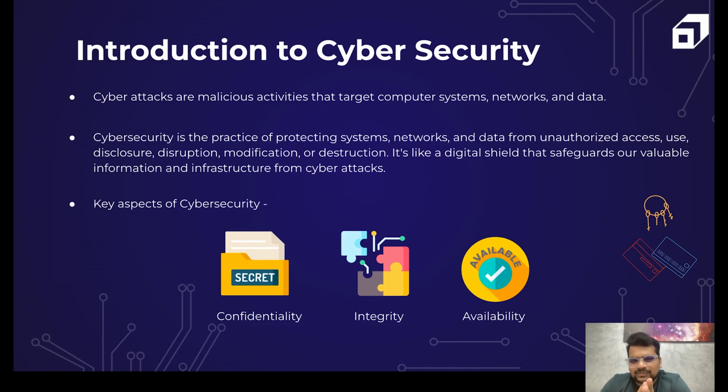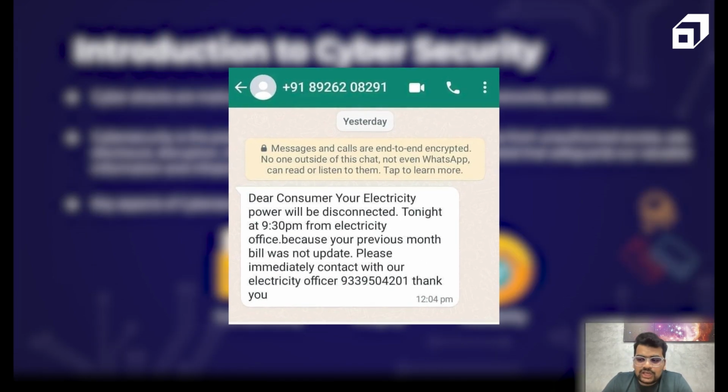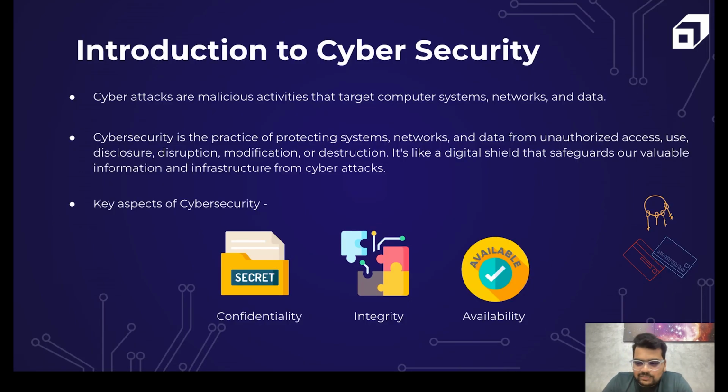So, guys, before I start off with whatever is cybersecurity, anything related to it, let me tell you something which I have myself experienced. A day before yesterday, one of my friends received this WhatsApp message. Now he was astonished and called up the number which was provided in that WhatsApp message, and to his surprise, he was told to send 10,000 rupees.